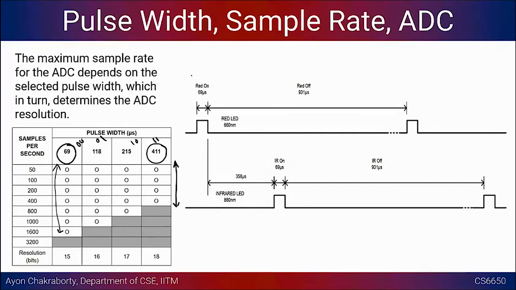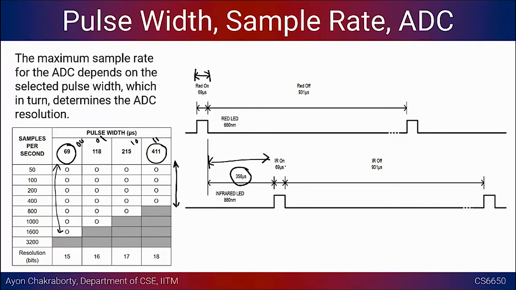Okay, and on the right hand side, this is about the on and off pulse, right? Every configuration of the on time is associated with some kind of a time before the next pulse. In this case, there will be IR and the red that will be interleaved. First the red light turns on, and corresponding to 69 microseconds, it is already mentioned in the data sheet what time the LEDs will be turned off for.